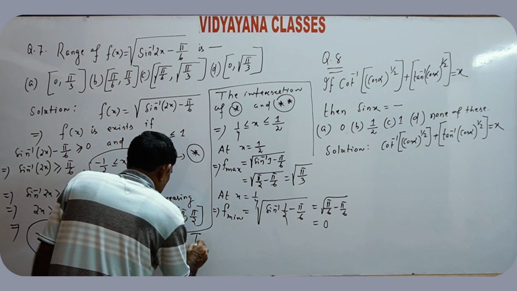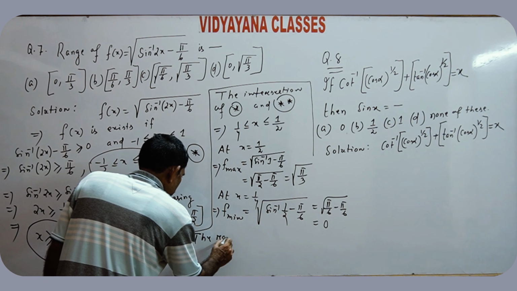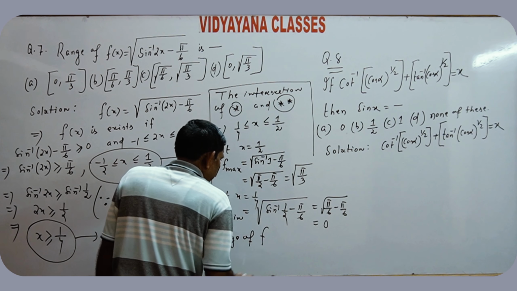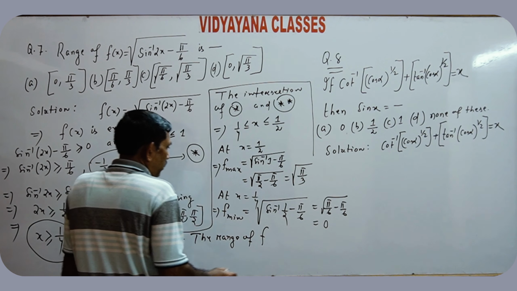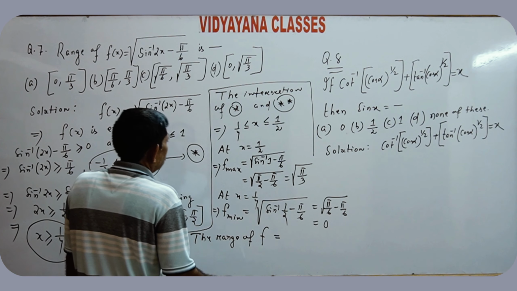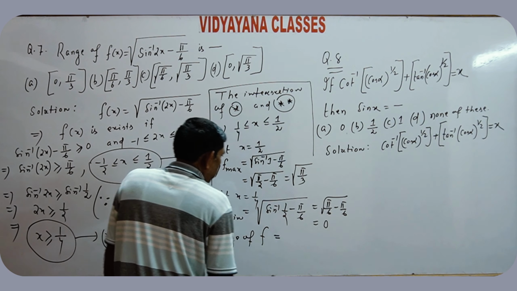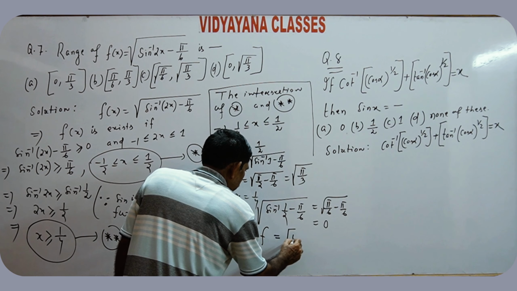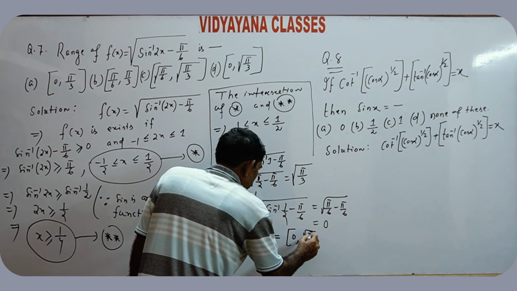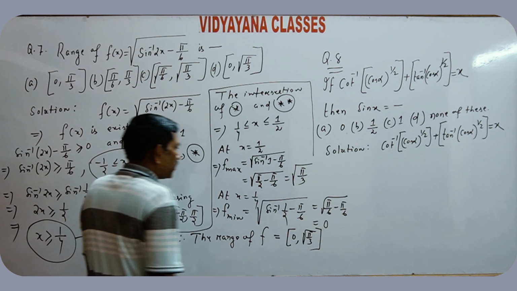Therefore, the range of f is equal to, the minimum value is 0 and the maximum value is root of pi by 3, close bracket.